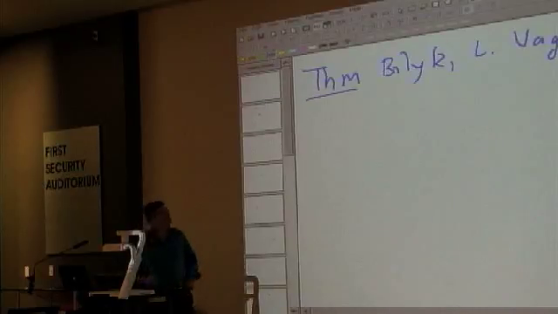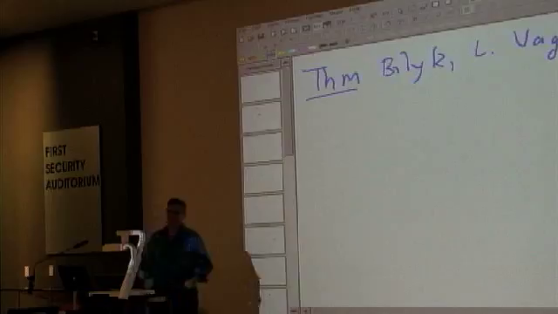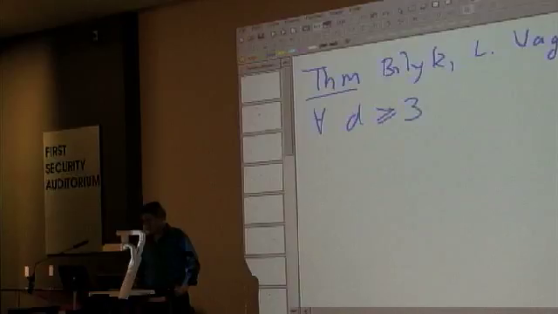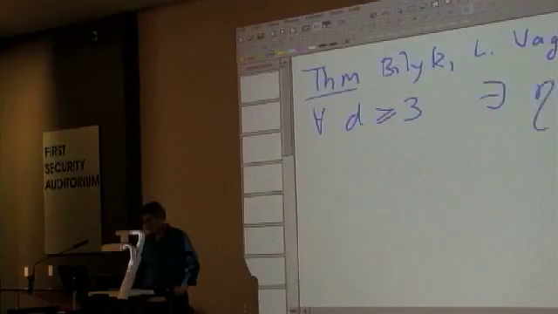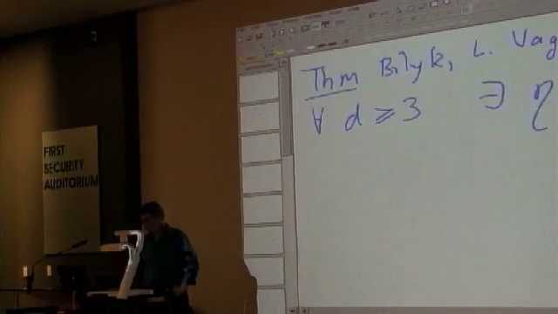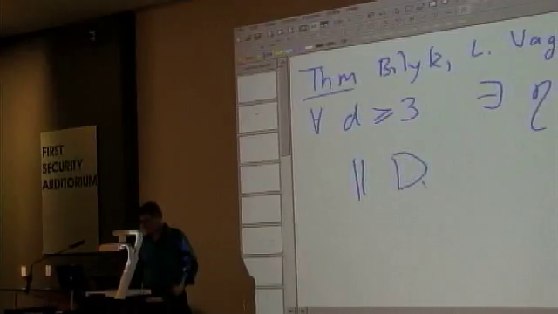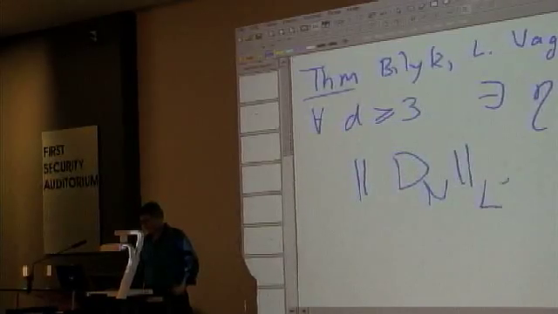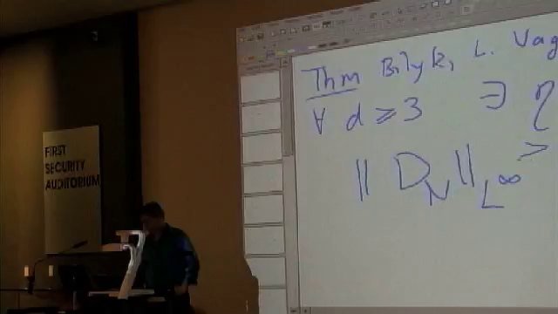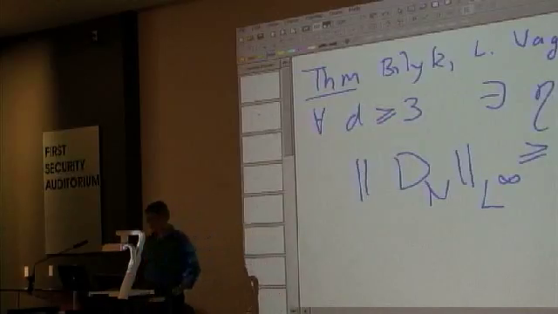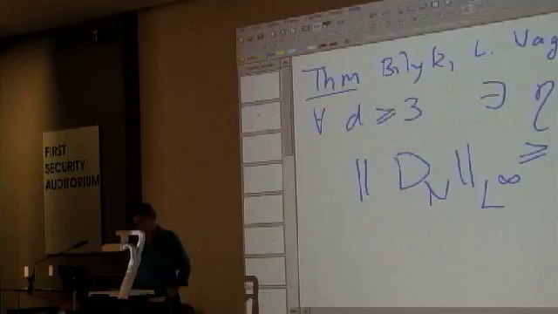I can blame my misspellings on this poor writing service. It says that for all dimension d bigger than or equal to 3, there exists an eta of d such that Dn in L infinity is bigger than log n to the (d minus 1) over 2, which is the Roth exponent, plus eta of d.